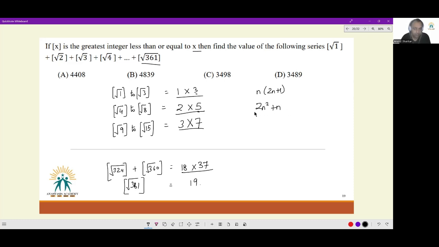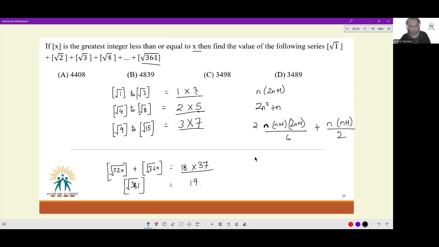And the summation for this general term is going to be 2 times n into n plus 1 into 2n plus 1 divided by 6, plus n into n plus 1 whole thing divided by 2. This is the summation up till n terms. We know the value of n has to be 18.